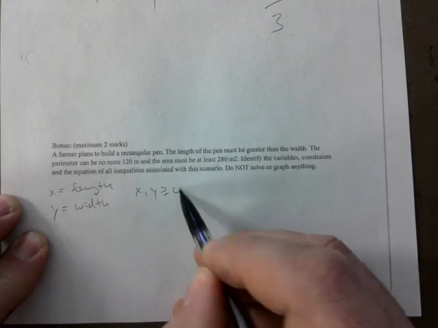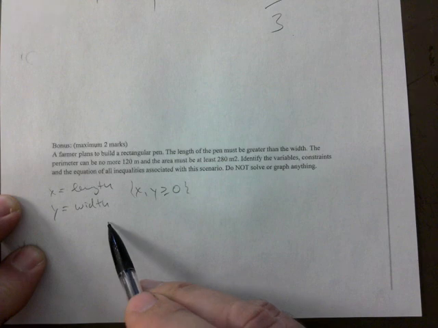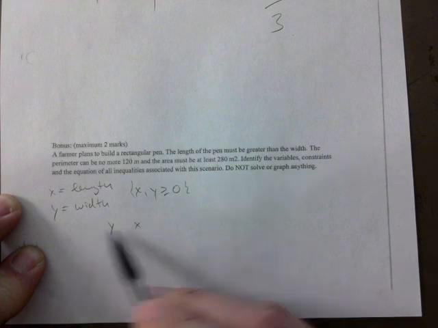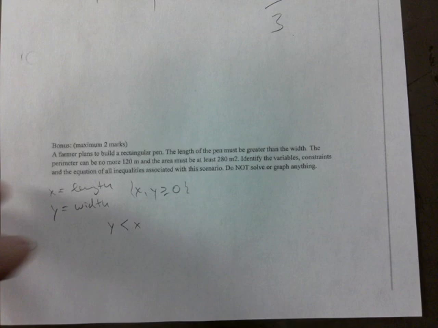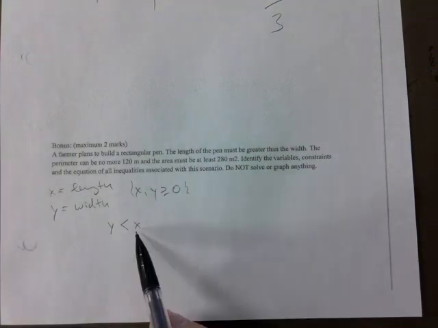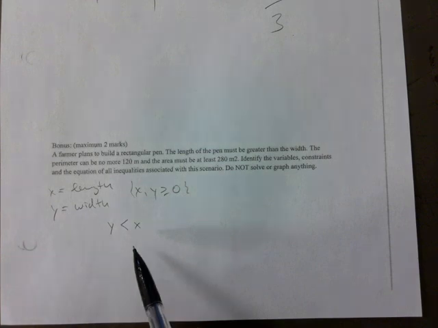The length must be greater than the width. So it doesn't matter how you do it, but the length must be greater than the width. So the open mouth must be towards the X, okay? That's one of them. And so we got that one taken care of.